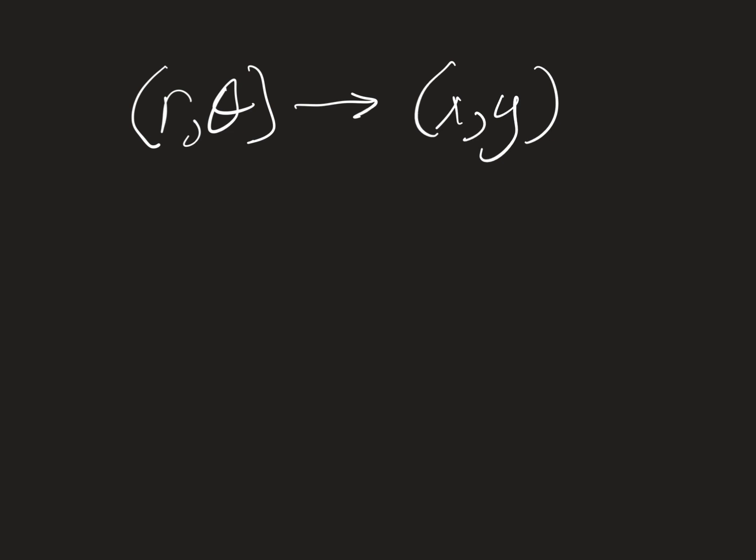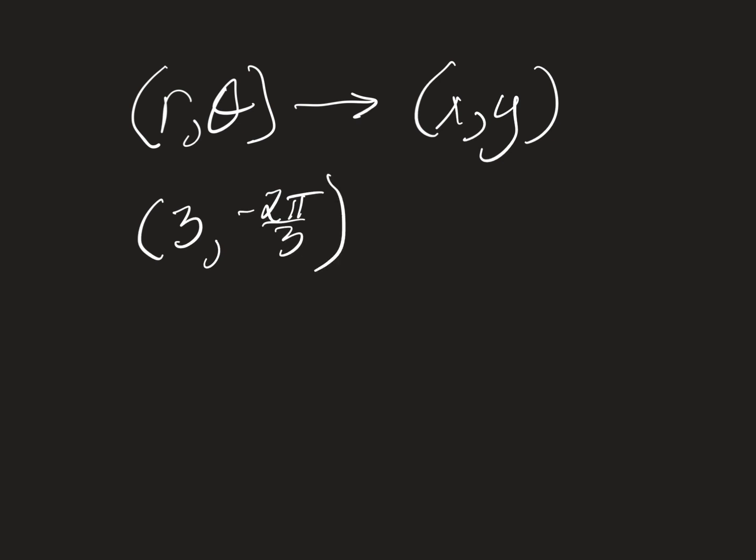Let's go ahead and finish a little set of examples here for this lesson. One of the things we want to do is change polar coordinates to regular coordinates. Suppose I have (3, negative 2 pi over 3).